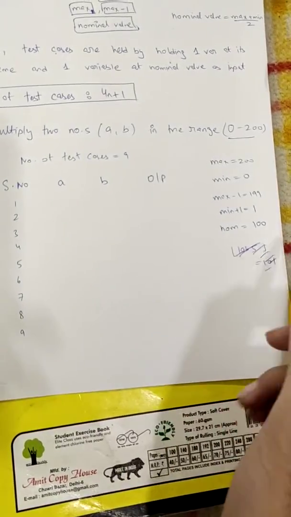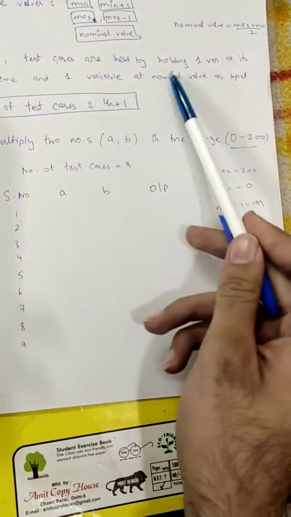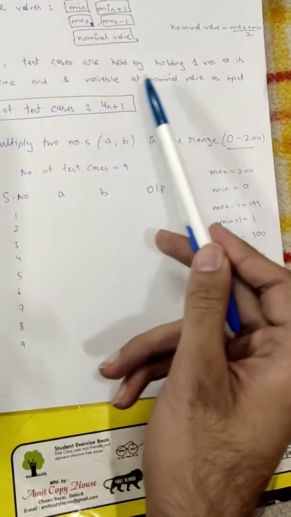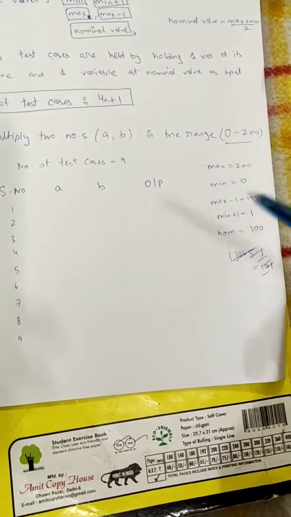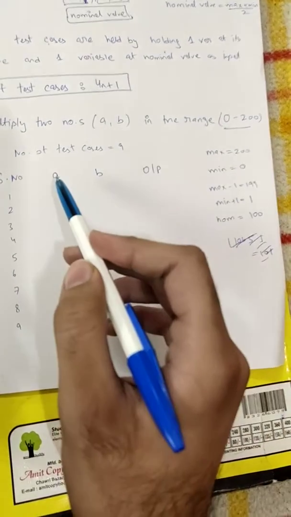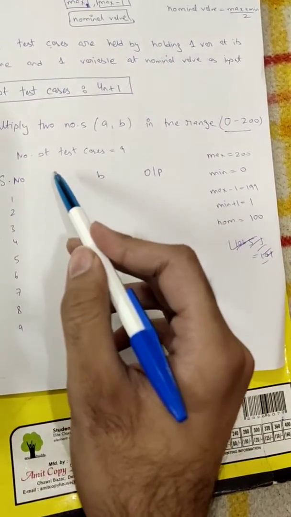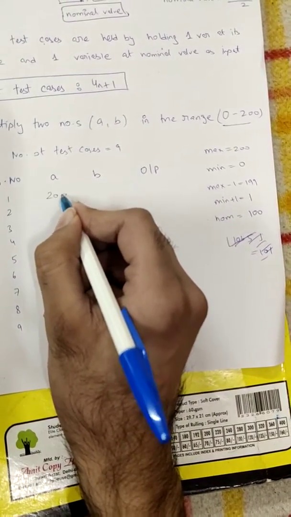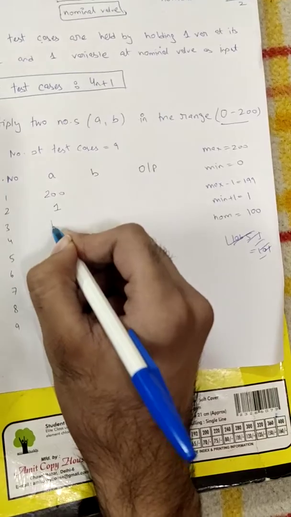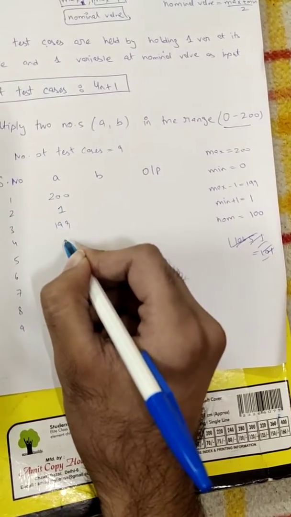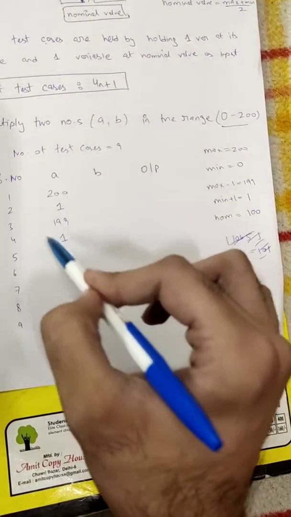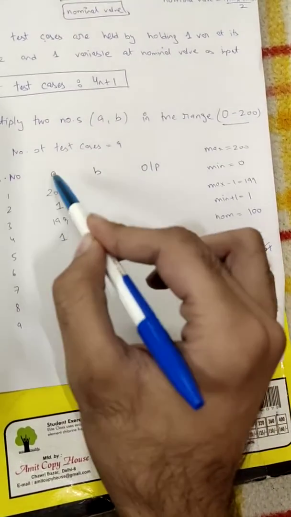So now we have seen that test cases are held by holding one variable at its extreme and one variable at the nominal value of the input. So now for A, we have to write all the possible extreme values, which is nothing, just write 200, 1, 199 and 1. Now we have seen that we have written all the extreme values for one variable.